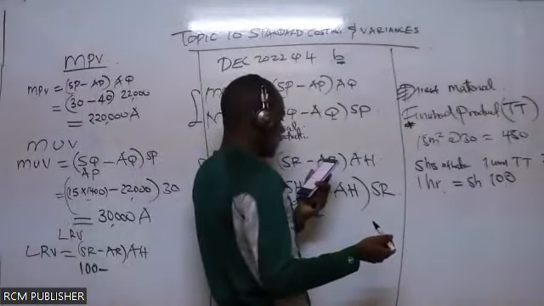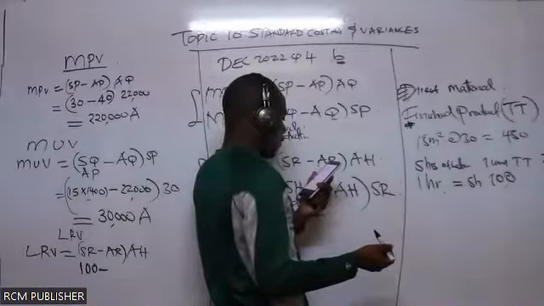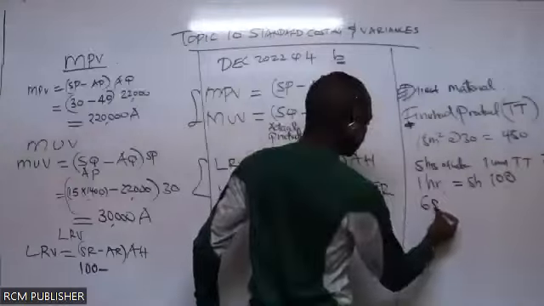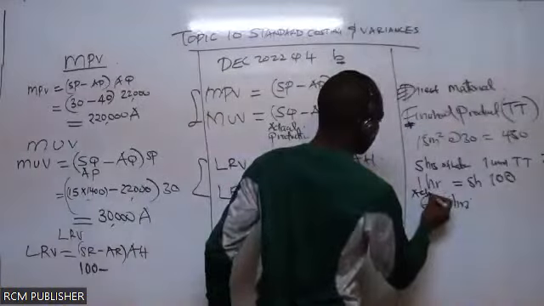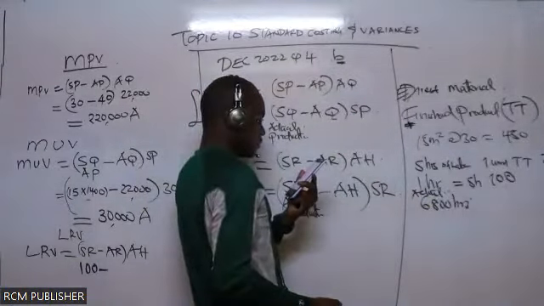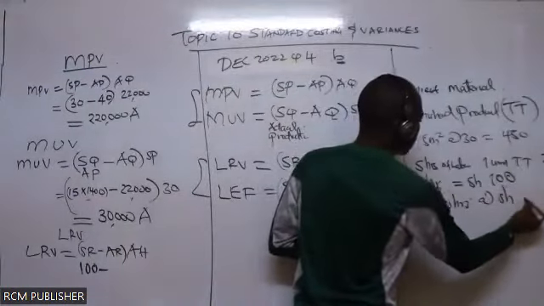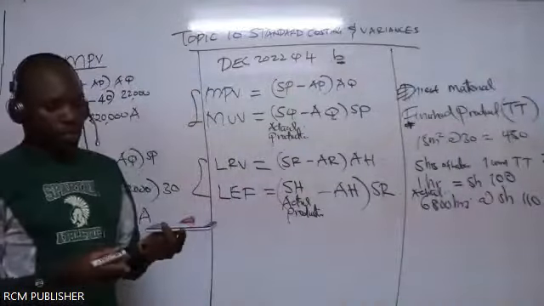If I look at it very well, for direct wages we have paid 6,800 hours. That is the actual. But then, have we been given the rate per hour? We are given 110 per hour.